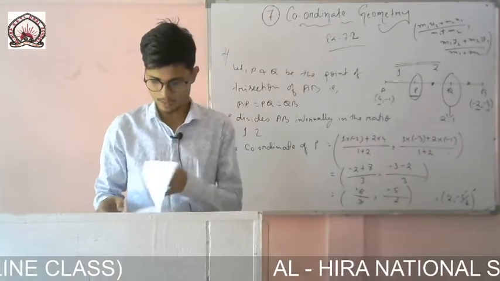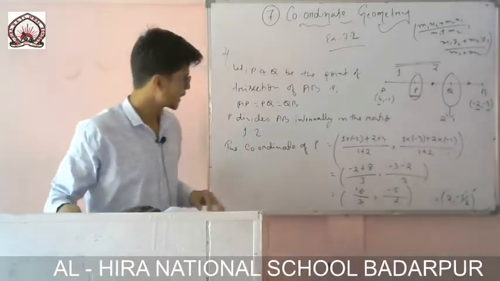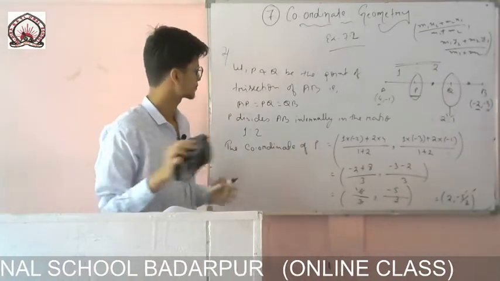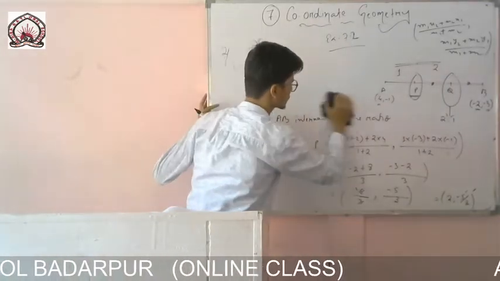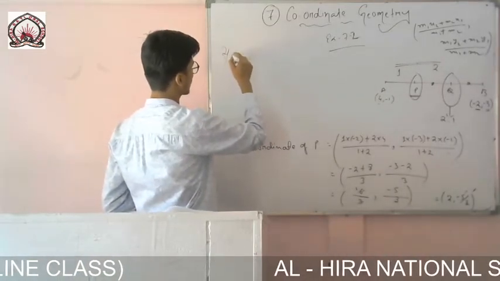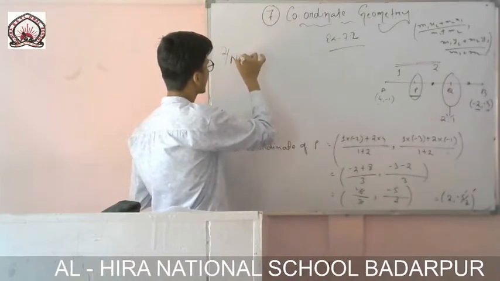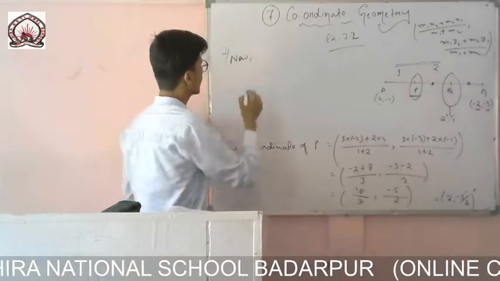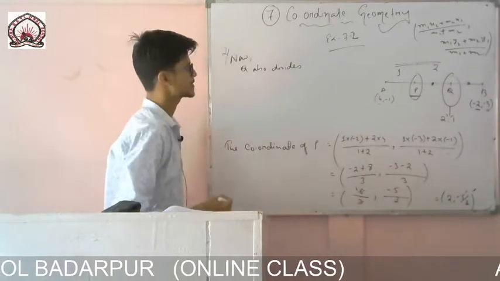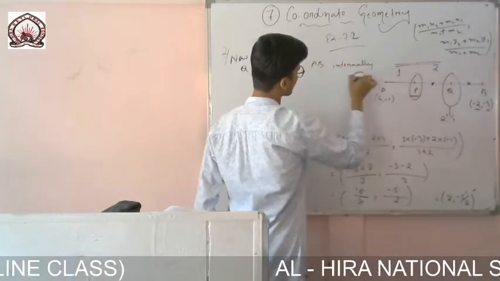So now we will find the coordinate of point Q. Again, up to this much it is okay. Now you write: Q also divides AB internally in the ratio.